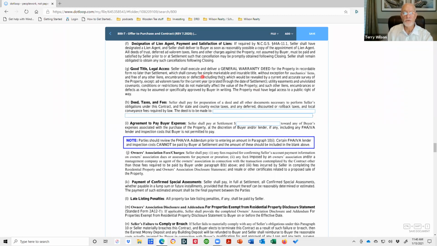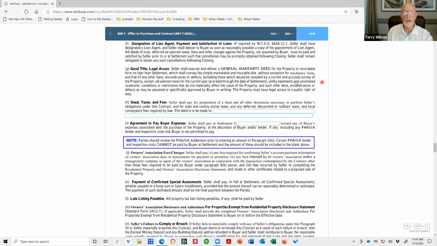And they will convey feasible, marketable, and insurable title, and no mechanics liens, free of any other liens, any encumbrances, defects to title, defects to property, including those which would be revealed by a current or accurate survey. Ad valorem taxes, of course, don't count because they're prorated.